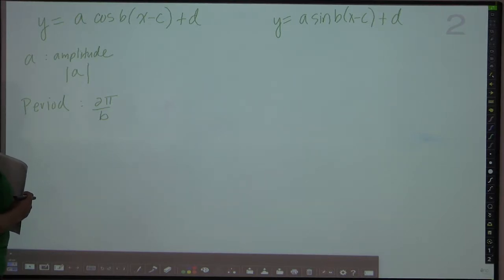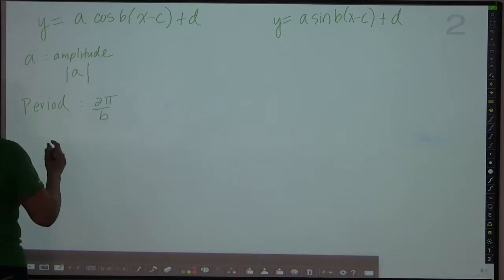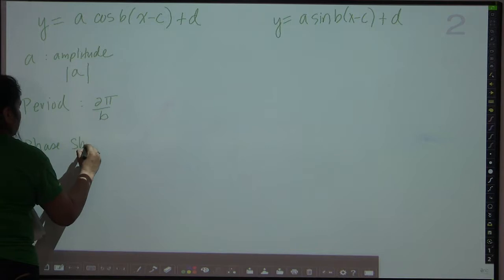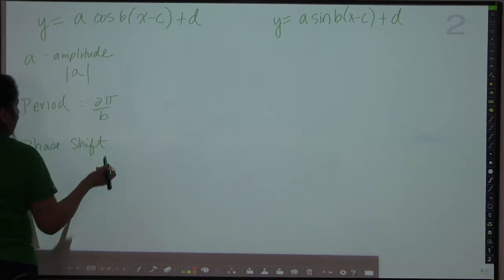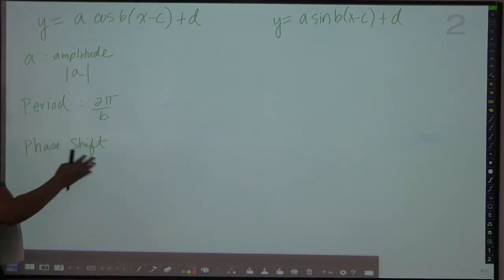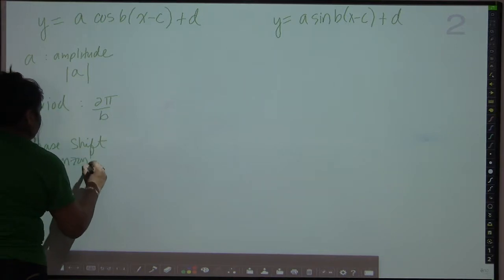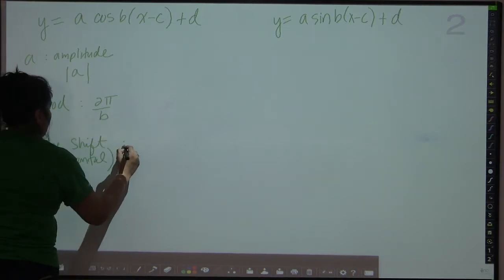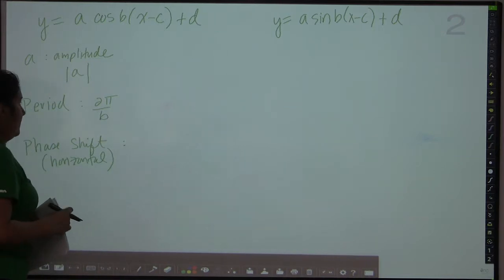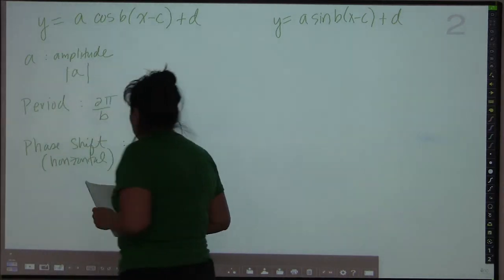Alrighty? And then the other letter here is the c. So the x minus c is what we call a phase shift. Basically, it's kind of the equivalent of a horizontal shift, so I'll put that here in parentheses. The horizontal shift is basically what the c value is.